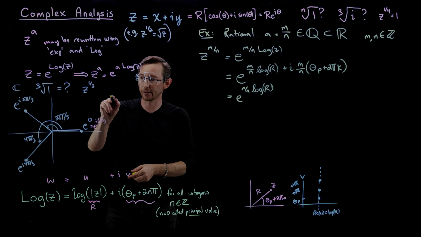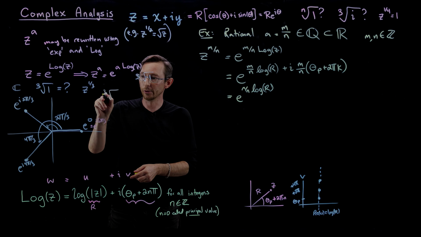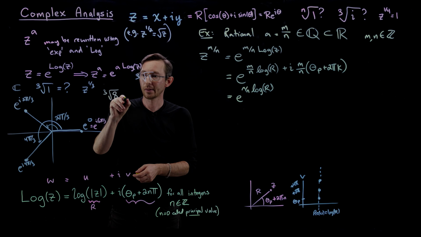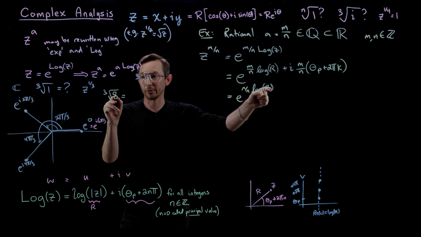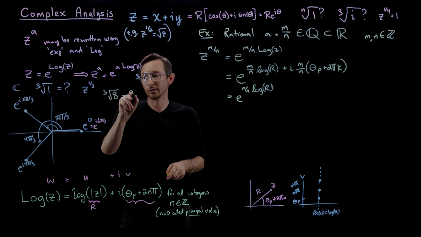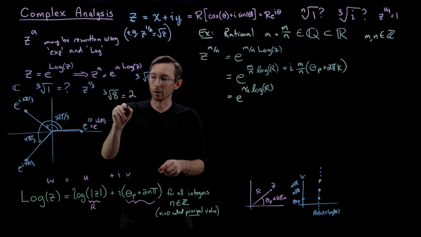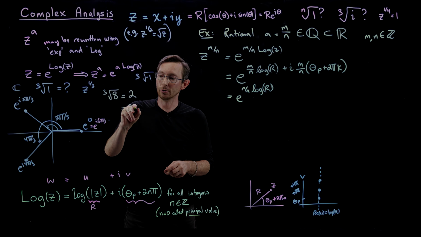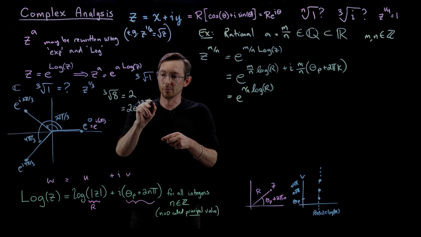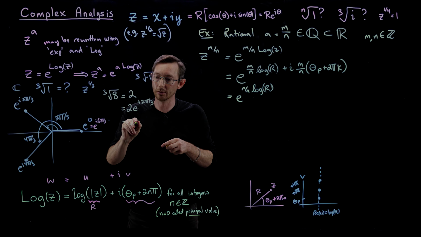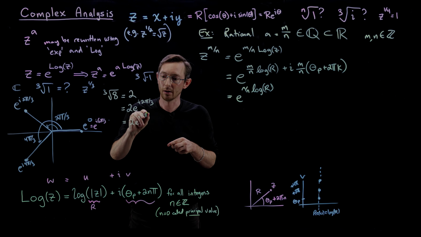The magnitude of that would be the third root of the magnitude of 8, so that would be 2, or 2 times e to the i 2 pi thirds, or 2e to the i 4 pi thirds.